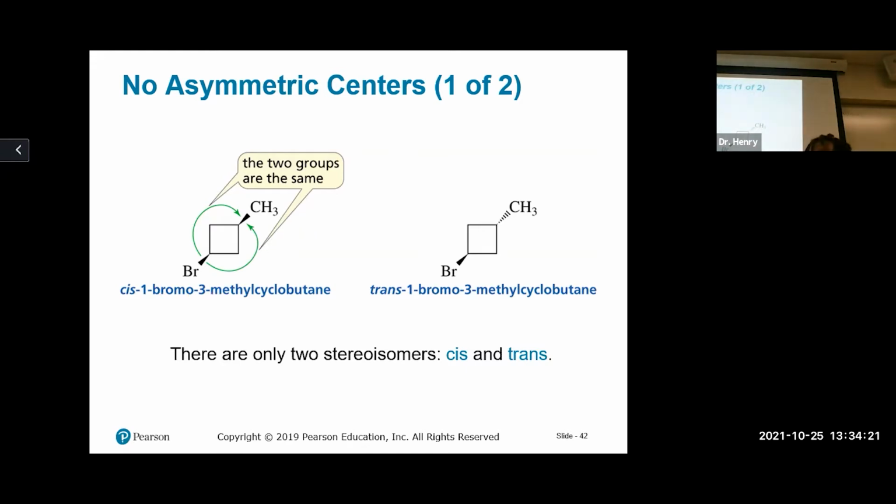So in this case, this guy doesn't have any enantiomers, right? It just has cis and trans. And there's no asymmetric centers, right? Because we got the same thing on both sides. I think it could work on hexanes as well.